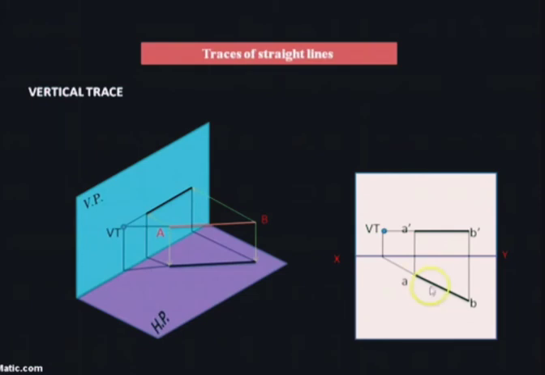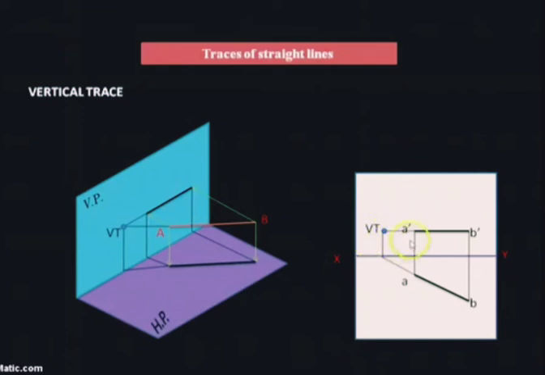In this case also, we need to extend this straight line until it intersects the xy reference line. From the xy reference line we need to draw a vertical line, and after that we need to extend the top view of the straight line until it intersects at a common point with the vertical line we have drawn from the xy reference line. This common point is called the vertical trace.